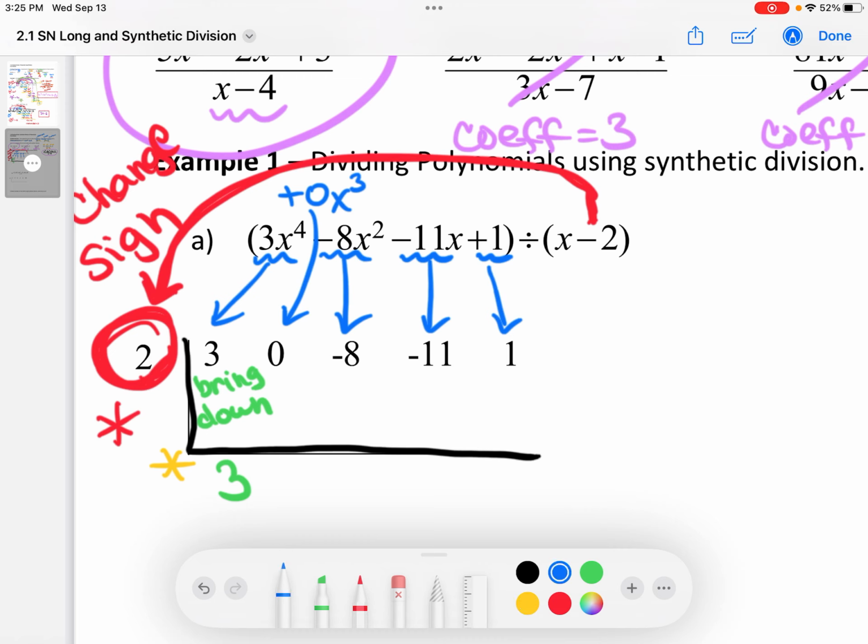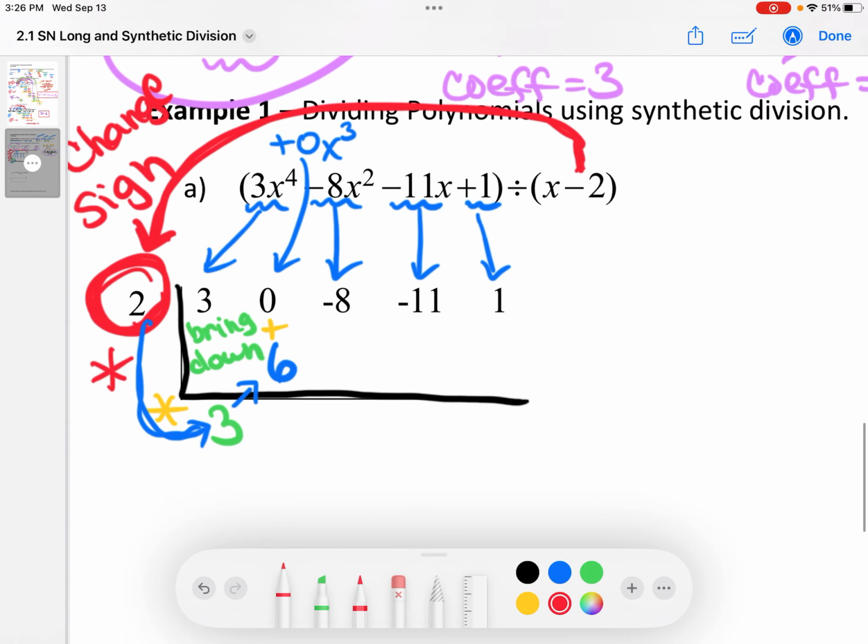We multiply this 2 by 3, and that answer goes up and over. 2 times 3 is 6. And then we add. 0 plus 6 is 6.